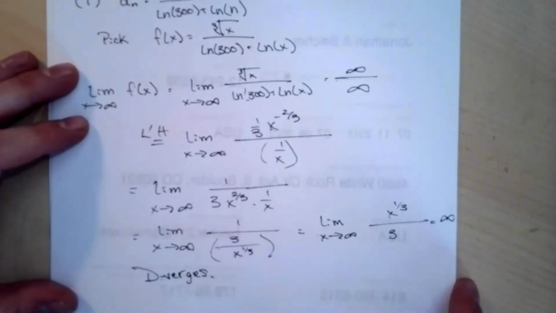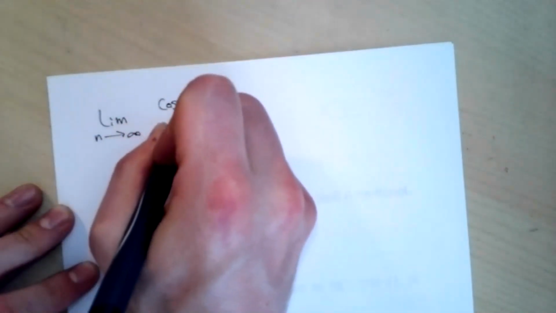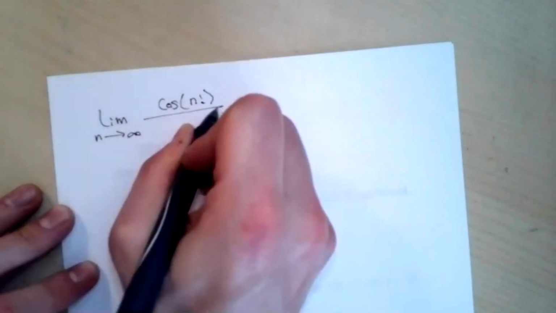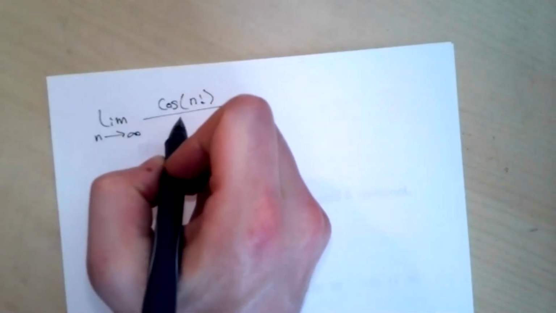And then with our other one, we've got to be a little bit more clever. Over, what was the denominator? Square root of n.